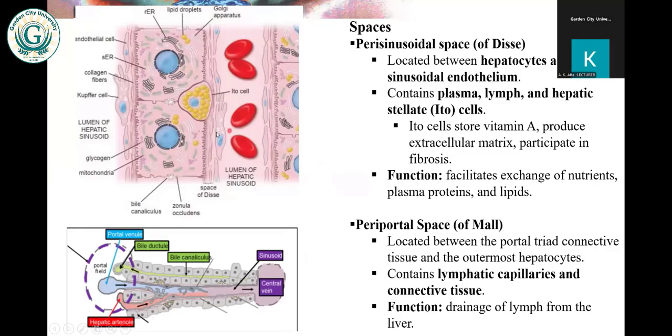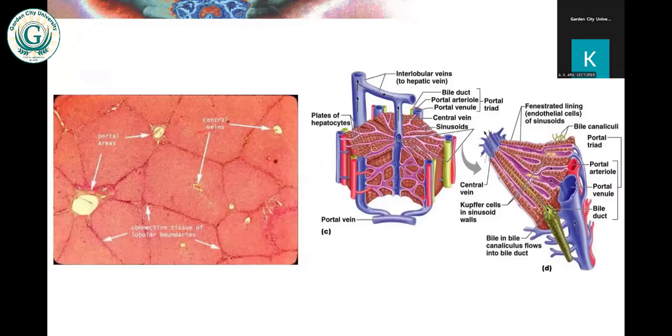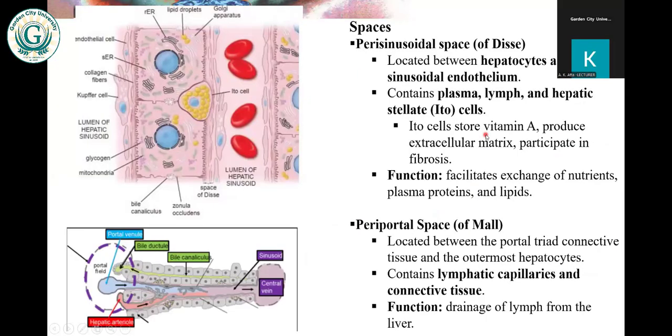In between, we have the type of blood capillaries that we call the sinusoid. You can see here that the hepatic portal vein is passing through the sinusoid. In the same way, the hepatic artery is also passing through the sinusoid towards the central vein.